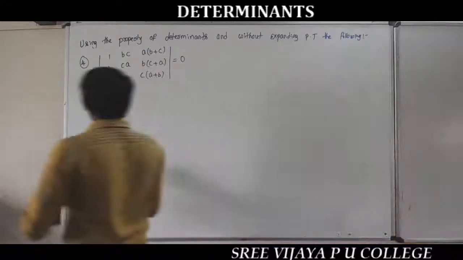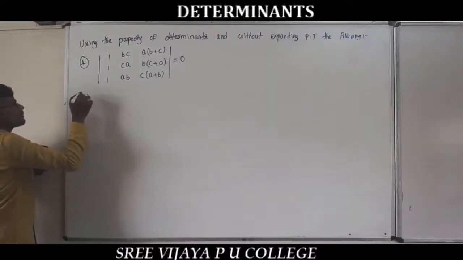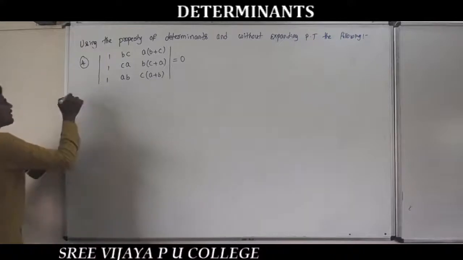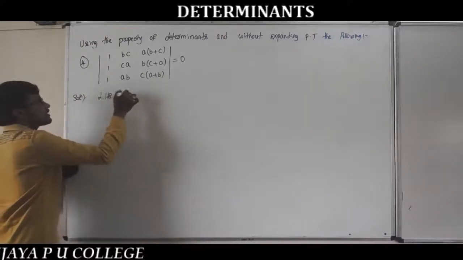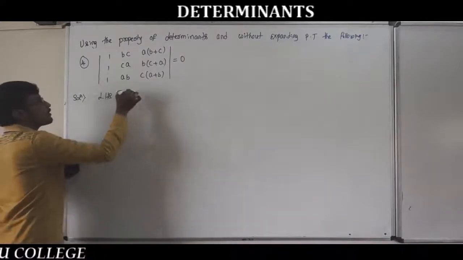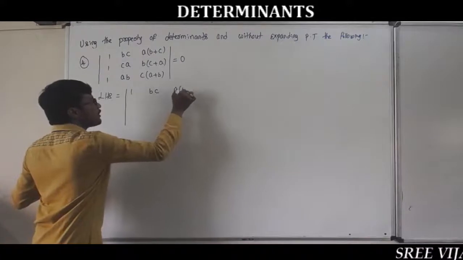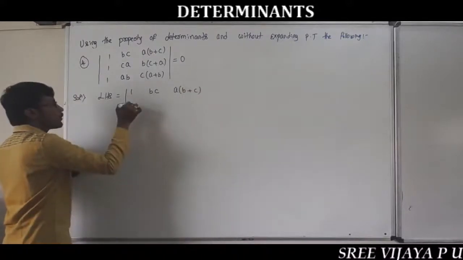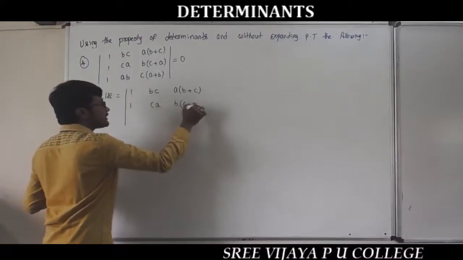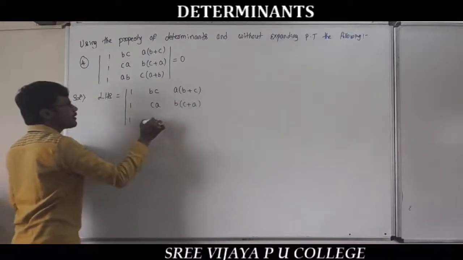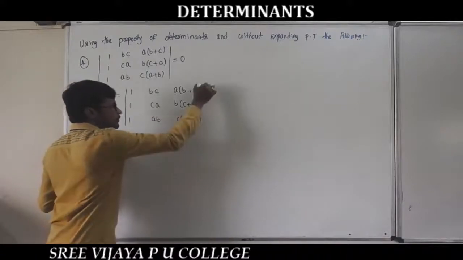Same, take the left hand side. So LHS, first write the solution. Write the LHS. LHS equals determinant of 1 BC A into B plus C, 1 CA B into C plus A, 1 AB C into A plus B.